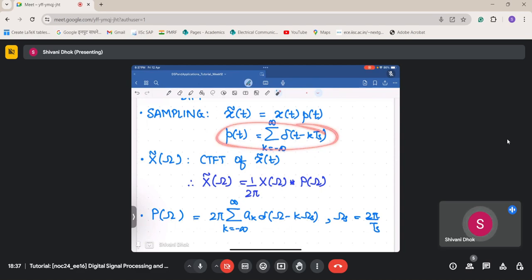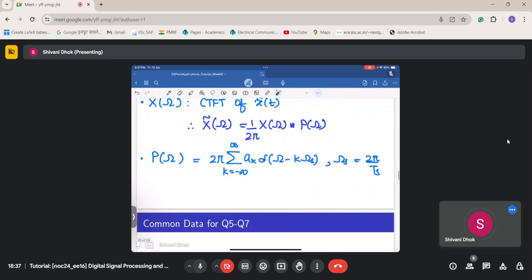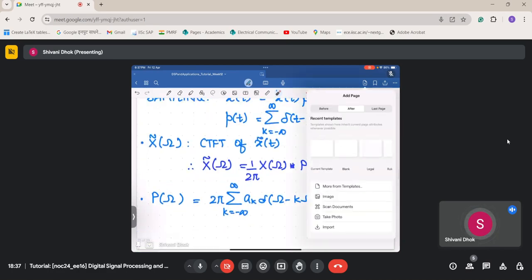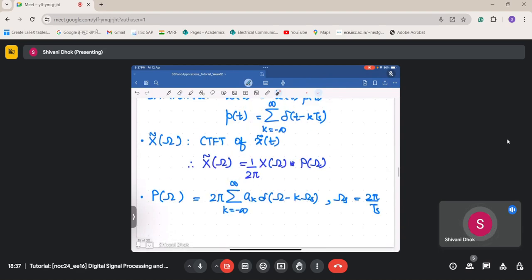This signal here is periodic with period ts, and therefore this is the fundamental frequency of this particular signal. That's why we are having an omega s coming into picture here. So again, this is a periodic signal but in continuous time. So we'll first have to find out the Fourier series coefficients, which are a k's.